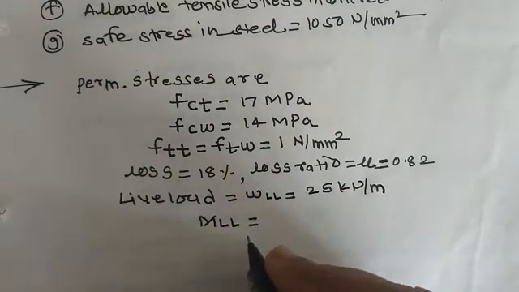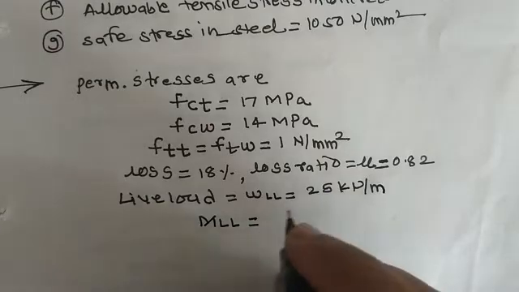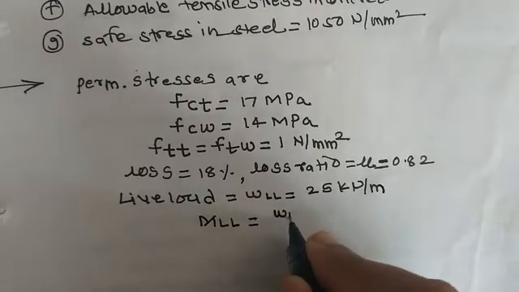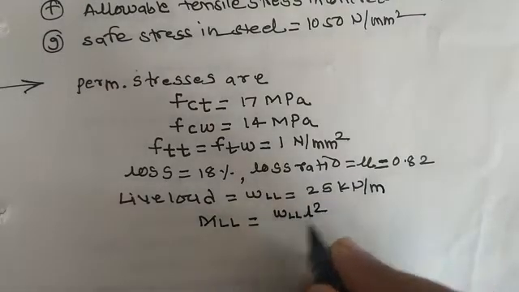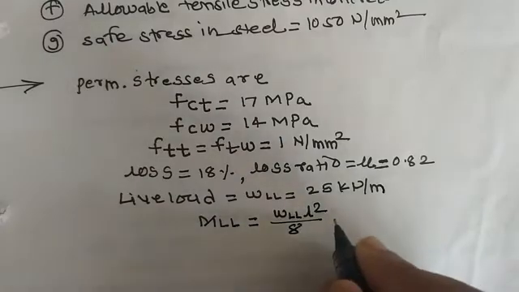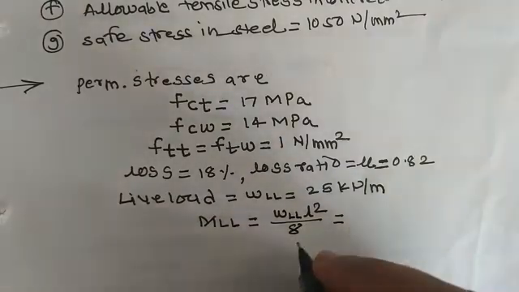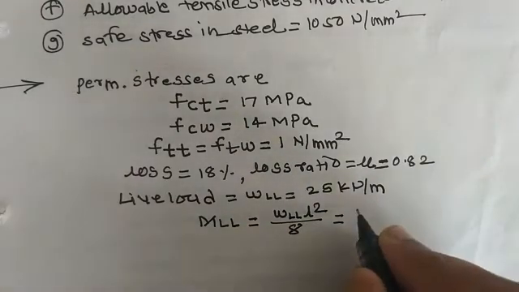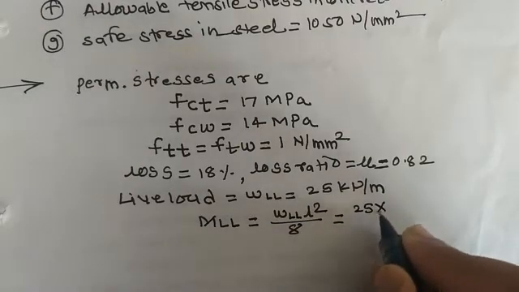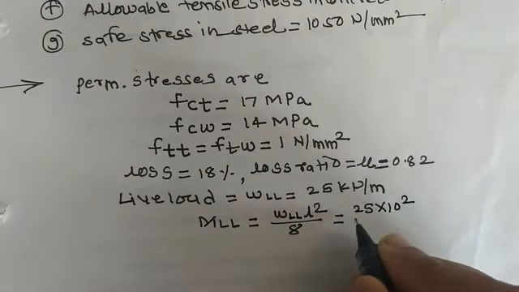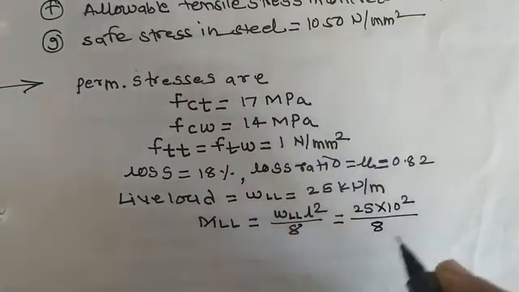It is directly not given, so you have to find out the bending moment due to live load. It is live load into span square divided by 8 by considering the beam is simply supported. So this is the maximum bending moment at center. It is 25 into the span of the beam, 10 meter, squared, divided by 8.